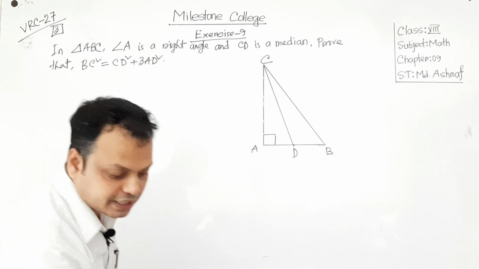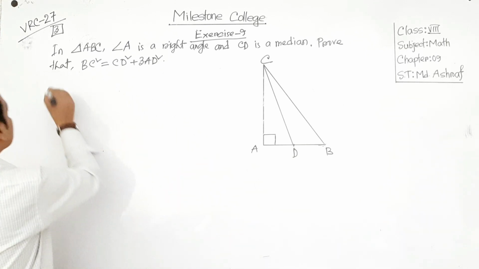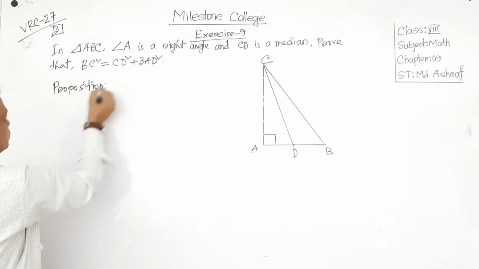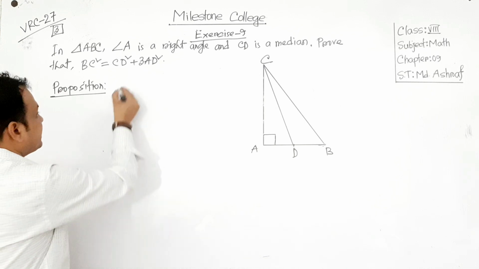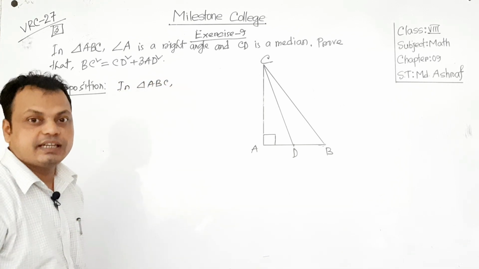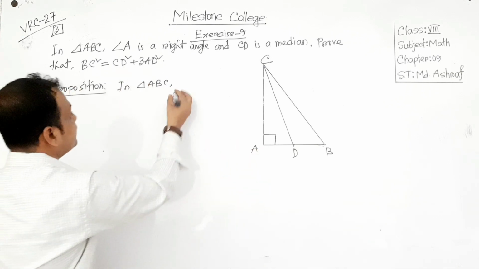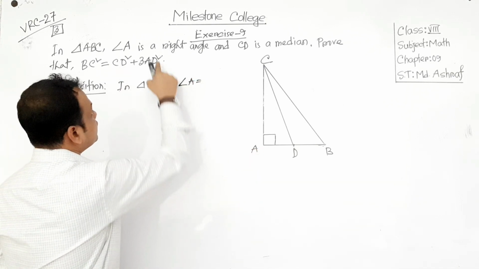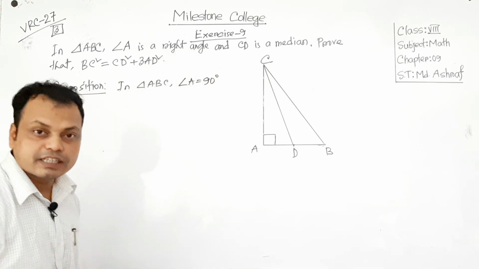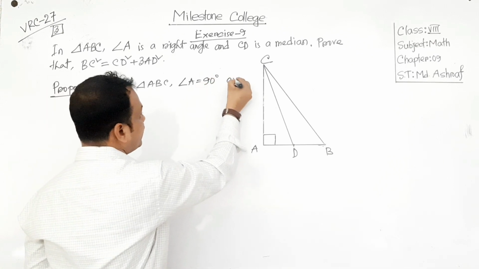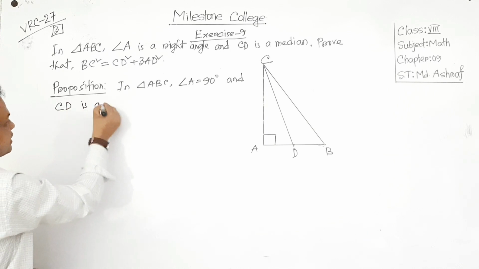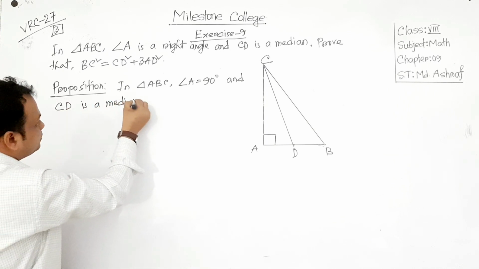So at first we will start writing the proposition. Proposition: in triangle ABC, angle A is a right angle, that means 90 degree, and another piece of information, CD is a median.